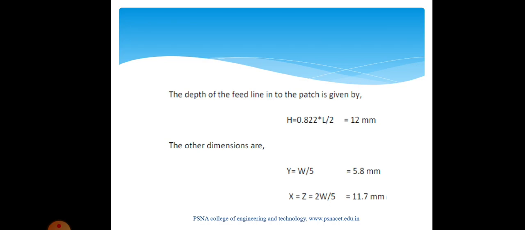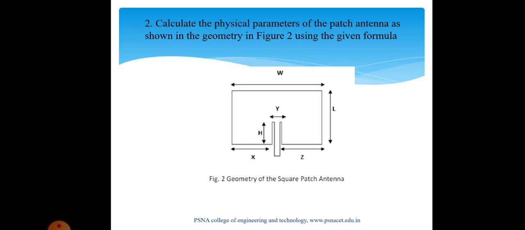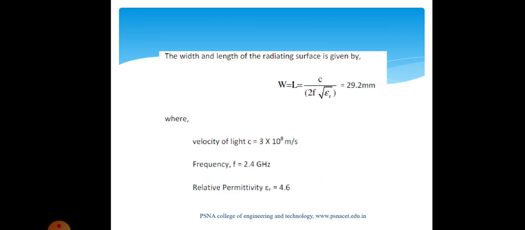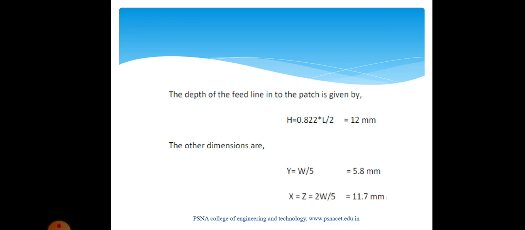And this is the feed depth that we have chosen. We have selected the inset feed as the method, and its position in the diagram, that is x and y, we have to design. The value is W divided by 5 for y, and 2W by 5 for x.